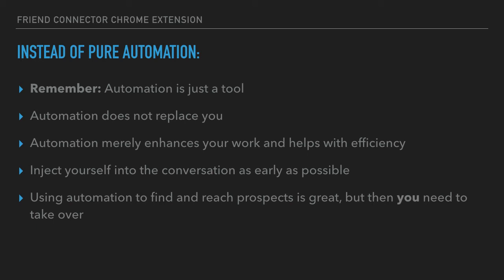Then they send you a message, hey, how are you? Thanks for the request. Now you need to inject yourself into the conversation as soon as possible. It's great to use automation to find people, reach out to prospects, and start to engage them, but then you need to take over.